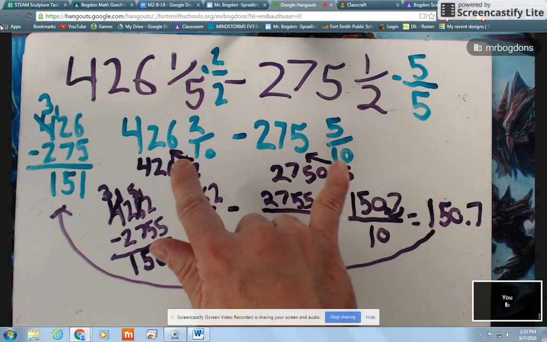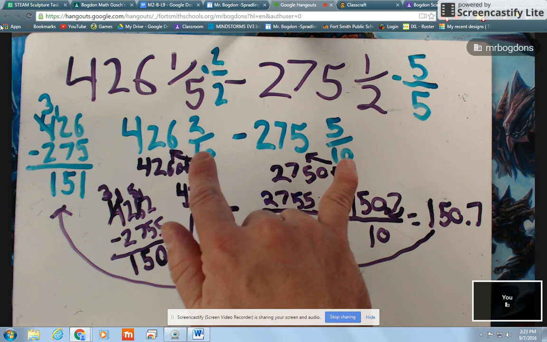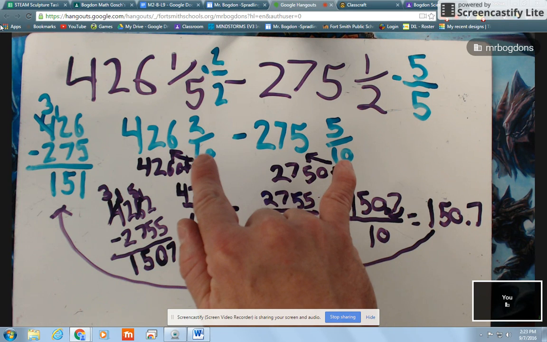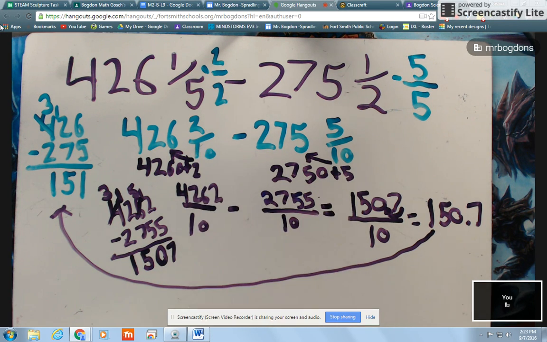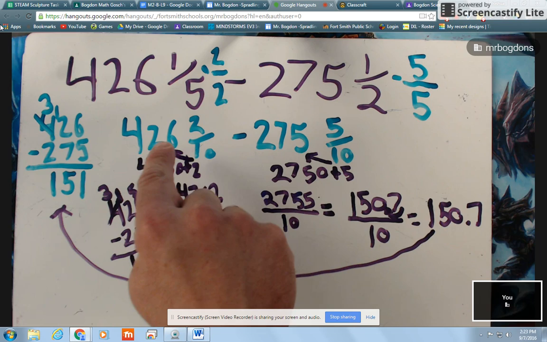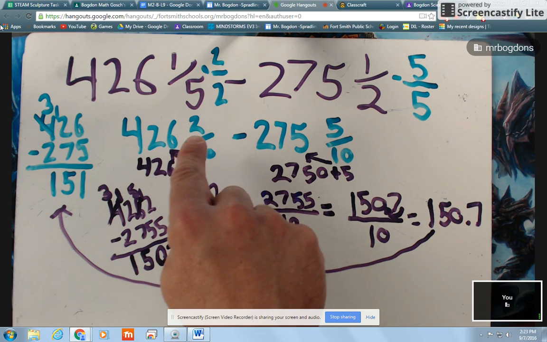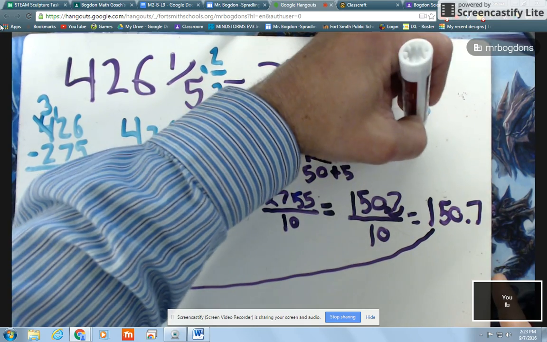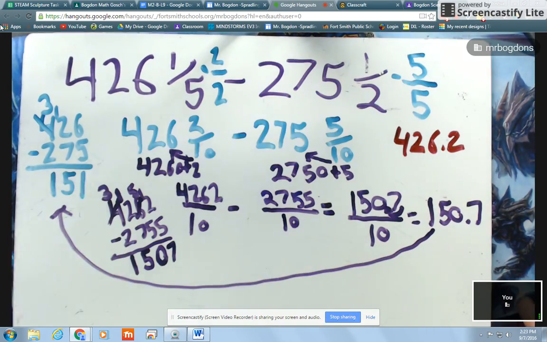You guys remember back here when I made the like denominators? Did anyone notice that I had powers of 10 for my denominator? If I say this fraction, how would I say it? This one right here. 426 and how many tenths? Like that?